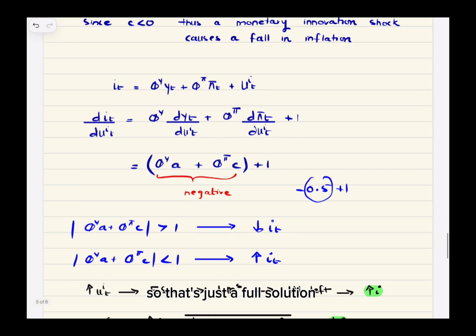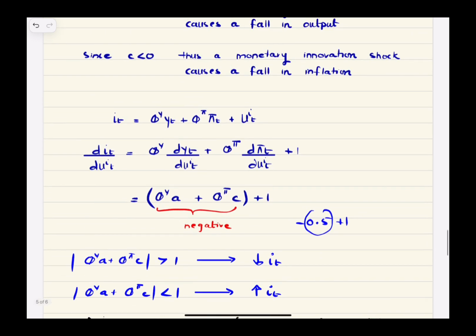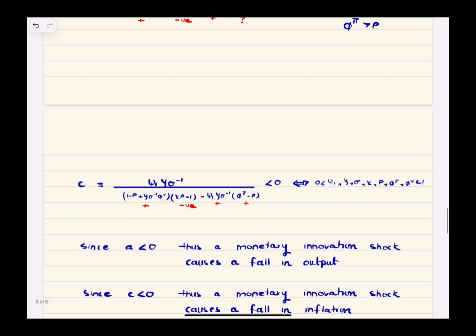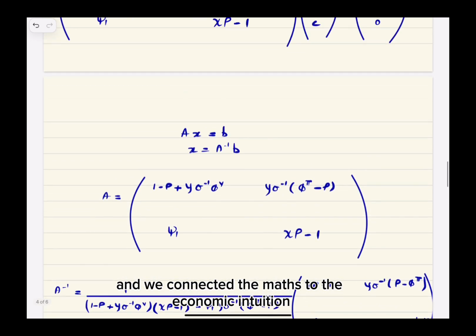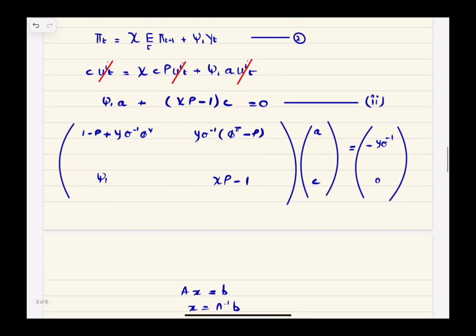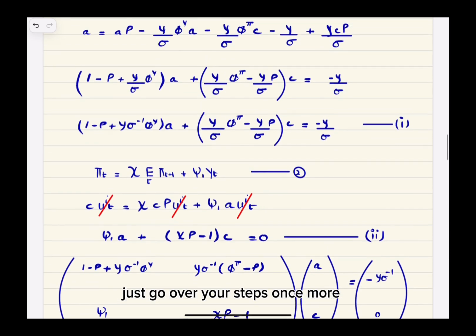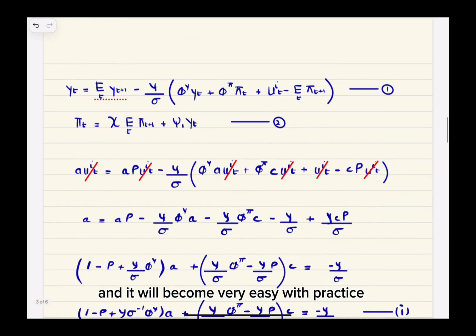Anyhow, so that's just a full solution. I derived the coefficients, interpreted the effects of the shock, and we connected the maths to the economic intuition. And just go over your steps once more, and it will become very easy with practice.